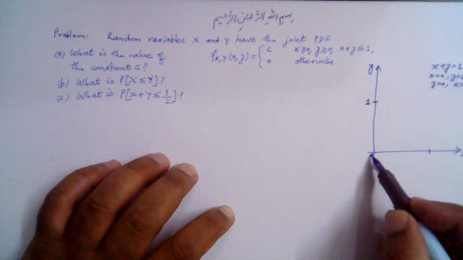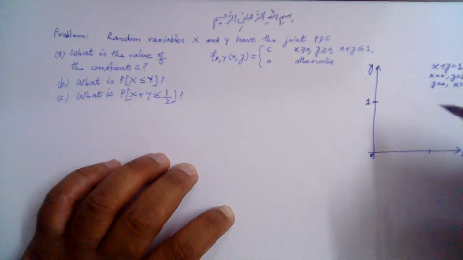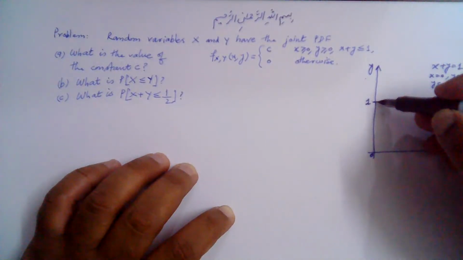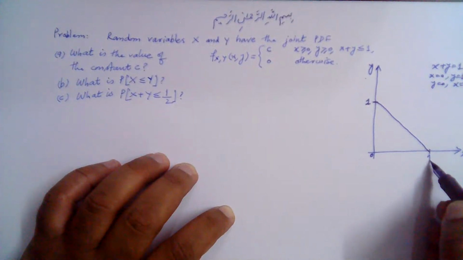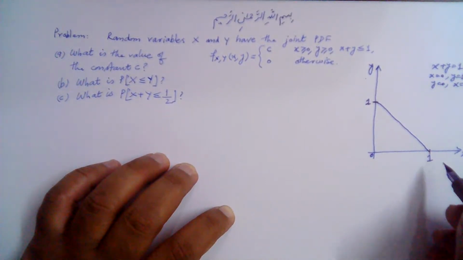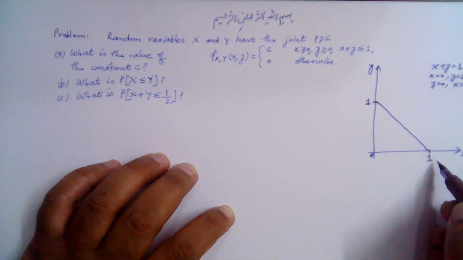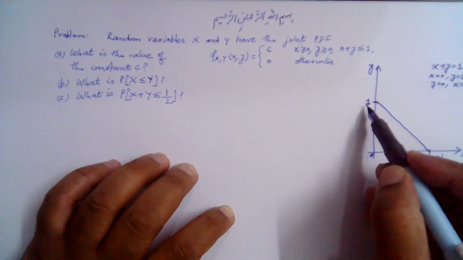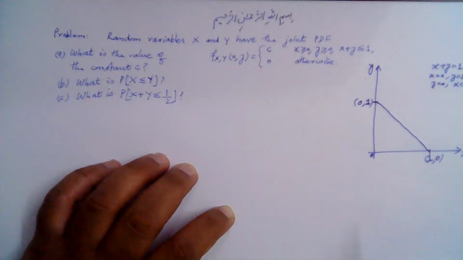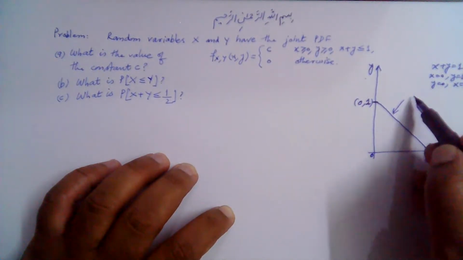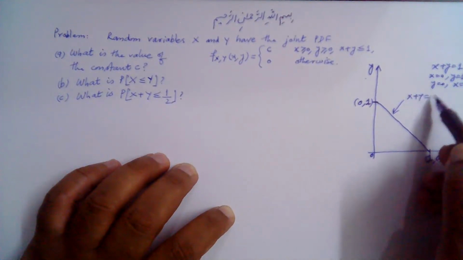And this is the origin, where x and y are 0. So it is this line basically. This is x equal to 1 and y equal to 0 here, and we have y equal to 1 and x equal to 0 at this point. So this line is x plus y is equal to 1.